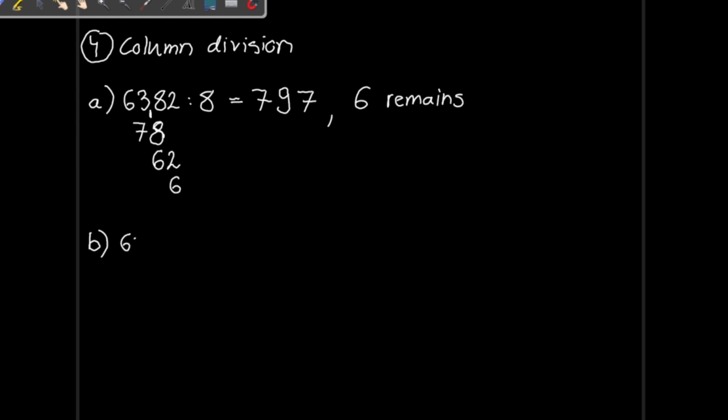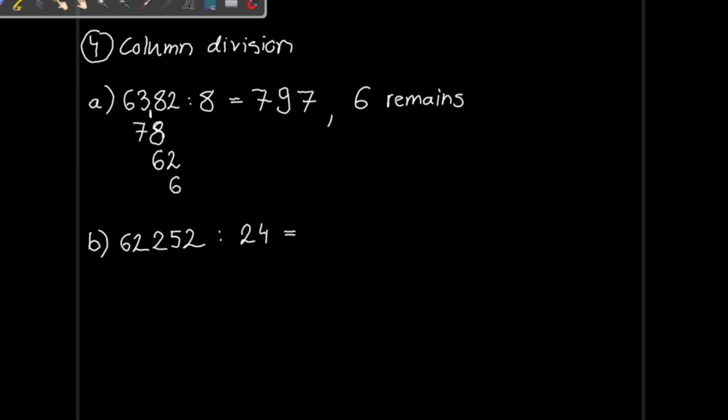We have 62,200,252 divided by 24. Alright, so this time the second number is a bigger number than in the previous case. We have a 2-digit number this time, but that will not be a problem.